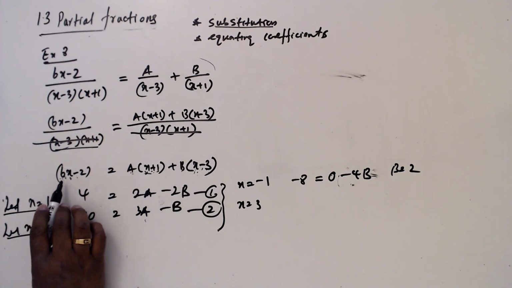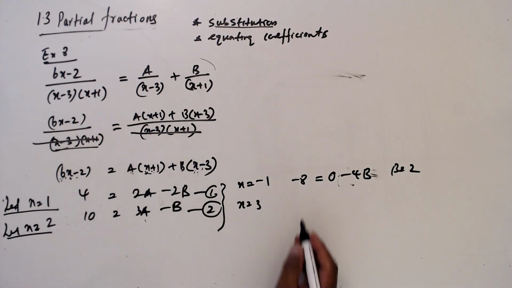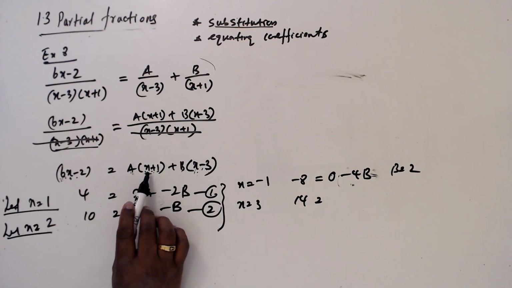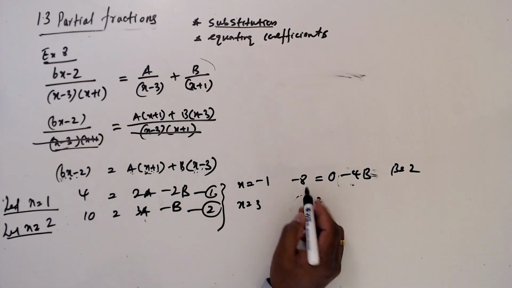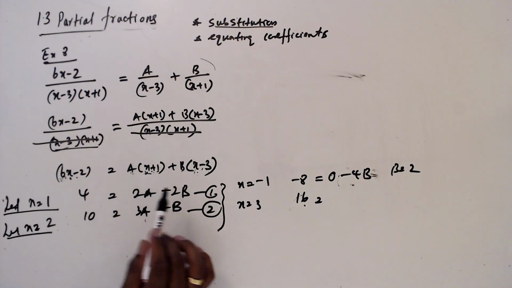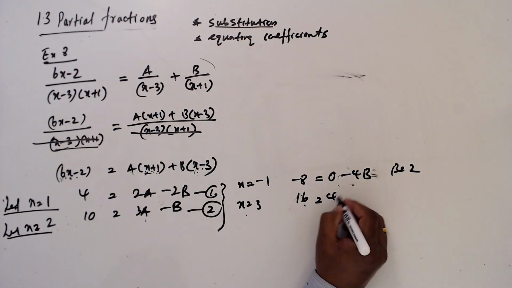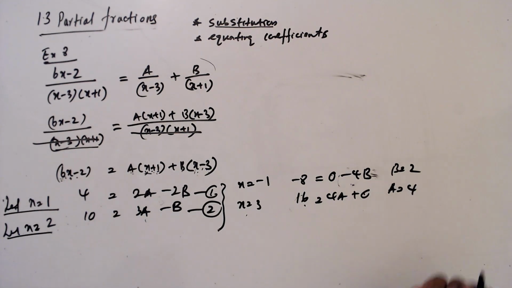So then 6 times 3 is 18, minus 2, 14. This is going to be 3 plus 1, so this is 16 actually. And when x equals 3, 3 plus 1 is 4, 4a. 4a plus 0. So a equals 4.